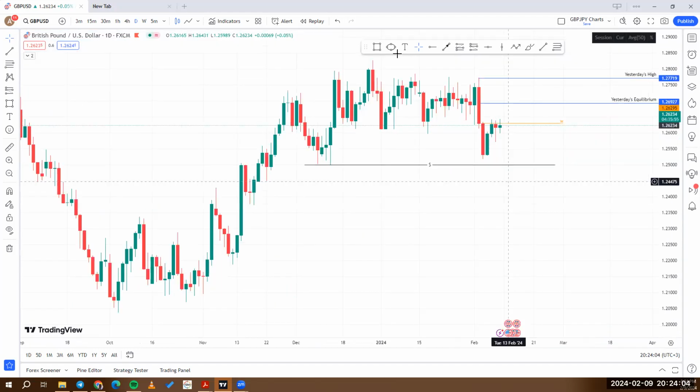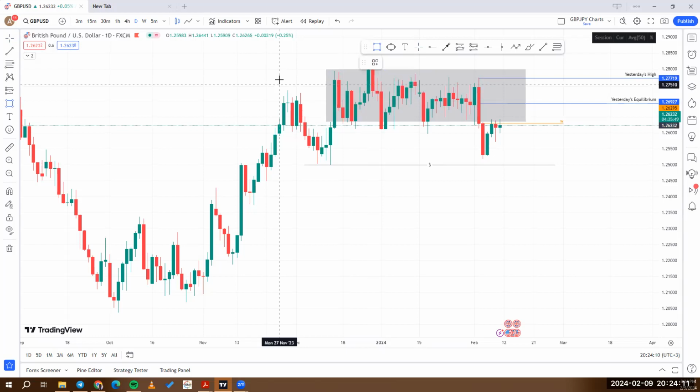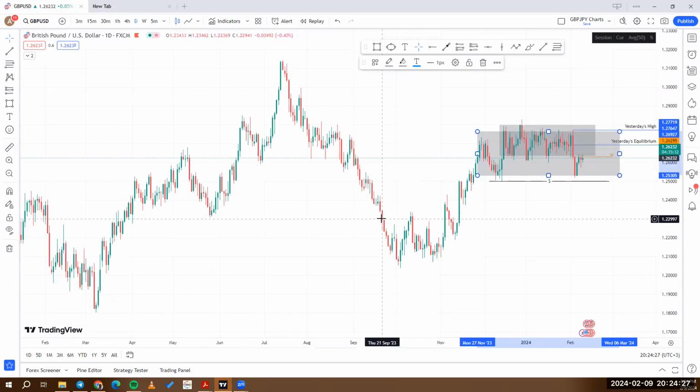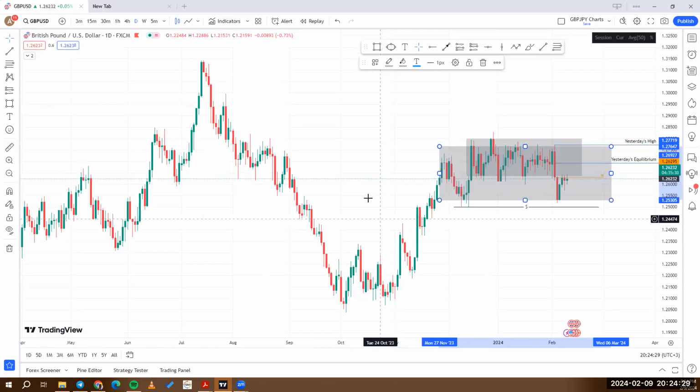There is this consolidation here, and then there's another one from here to here. You can notice that the market is still moving sideways, so we don't have very high risk to reward trades, but whatever we find, we capitalize on. So that's it for our analysis, that's it for our overview.